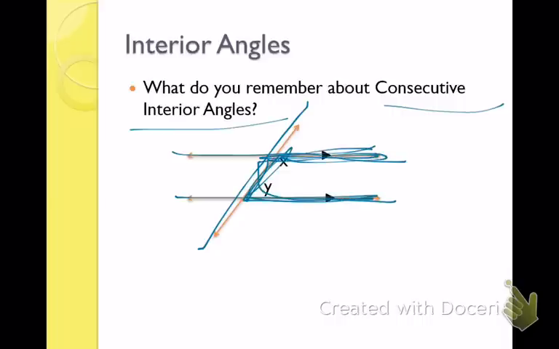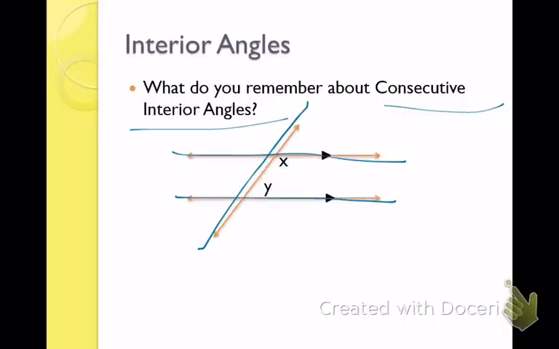Do you remember what was true about your consecutive interior angles for parallel lines? Well, hopefully you're remembering that these were the only set of angles that were supplementary. The rest of them were congruent. And you can tell because this angle and this angle, no way are they the same measure. One looks obtuse and one looks acute, which is kind of cheating, but makes enough sense. Okay?